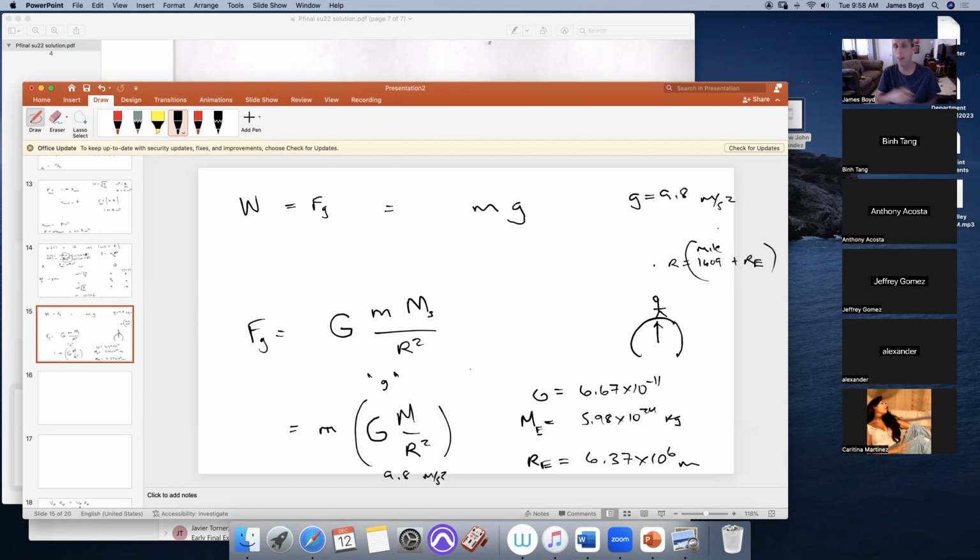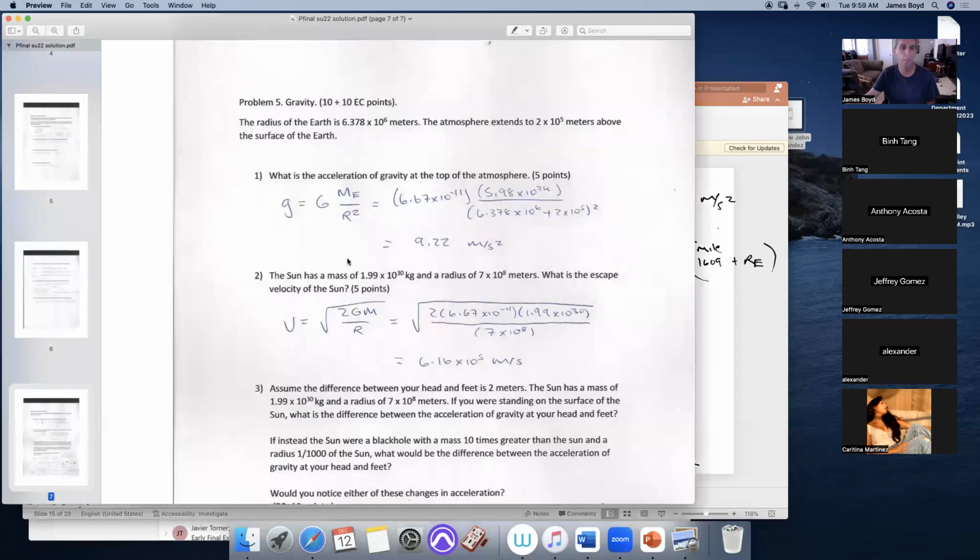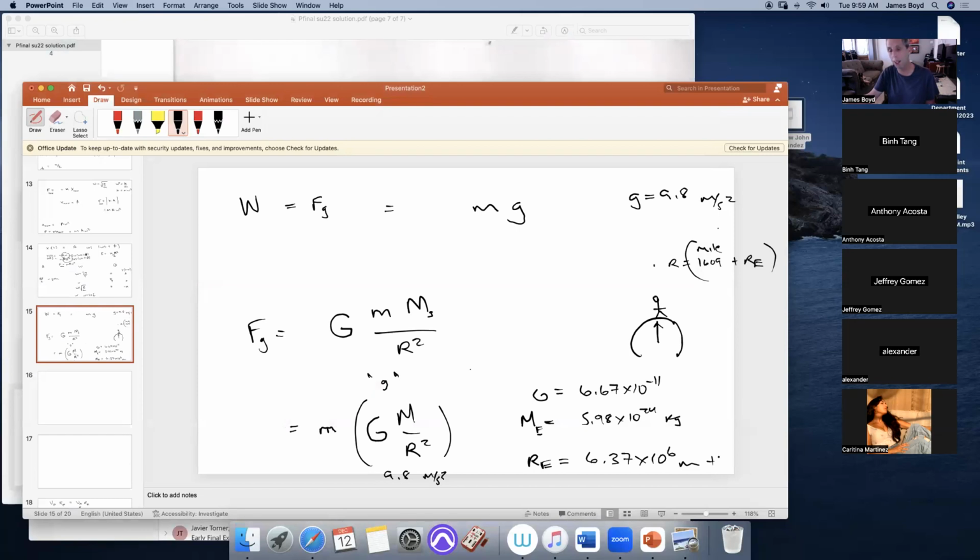Okay, so if I had two objects in space separated by r, well, the forces would be G m m over r squared. Third law pair, they both get the same force. That also means, so if we say the atmosphere is 2 times 10 to the 5th, our radius in this case would be this plus 2 times 10 to the 5th.